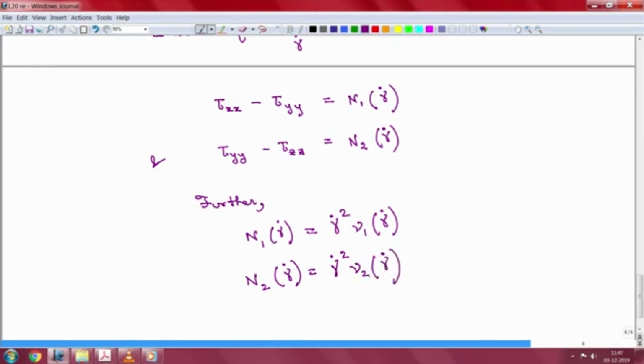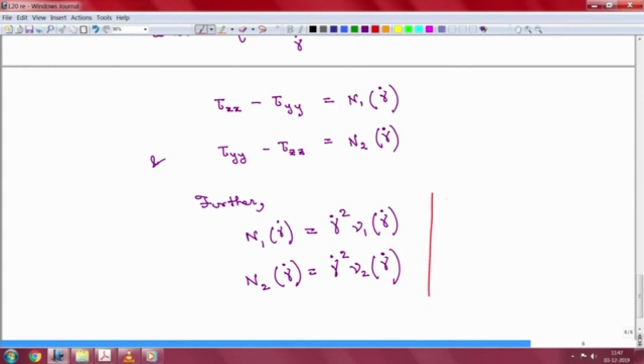Now, mu 1 and mu 2 are two new functions that we have introduced. So N1 and N2, which were the normal stress differences, are now being expressed in terms of mu 1 and mu 2.